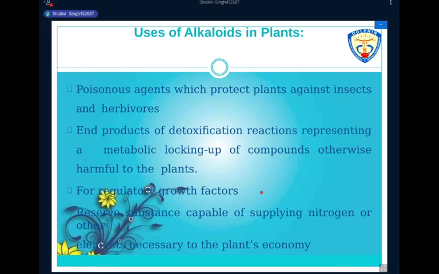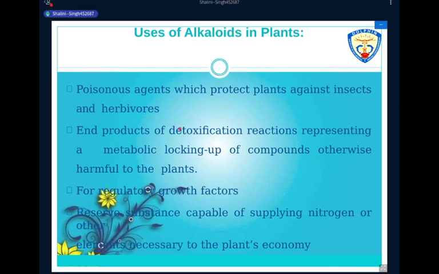What is the use of alkaloids in plants? These are poisonous agents which protect plants against insects and herbivores. So it is very, very good. They have a very important role in the survival of the plant. They are also a product of detoxification reaction representing a metabolic locking up of compounds otherwise harmful to the plant.